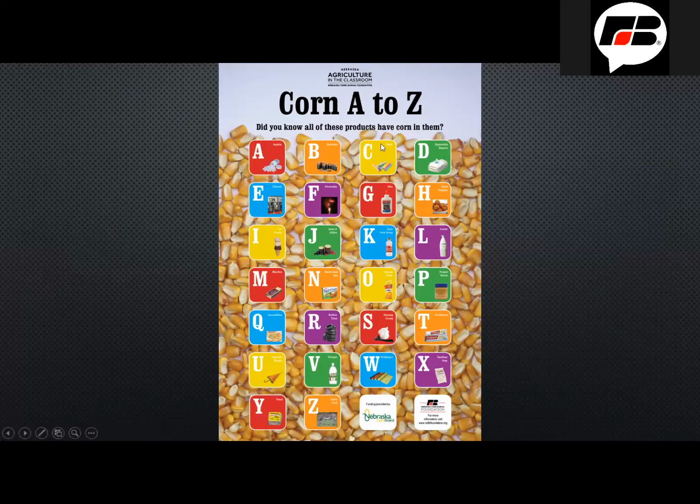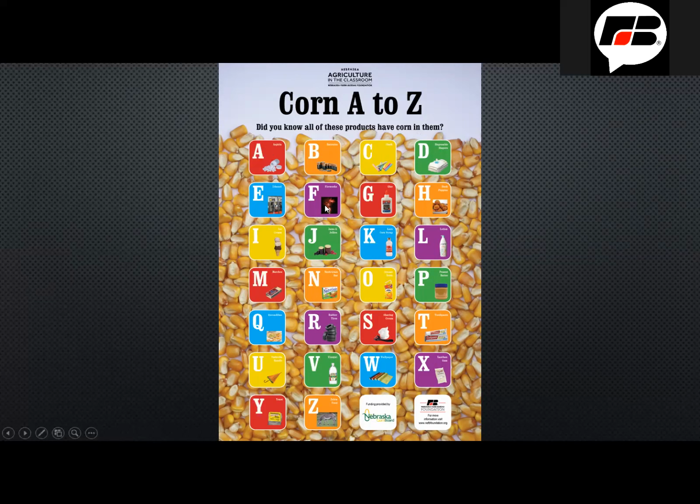This is a poster that shows additional items that we get from corn. So we talked a little bit about aspirin and batteries, even the chalk that we can use out on our sidewalks. Ethanol is a gasoline that we can burn in our cars. It comes from the corn plant.